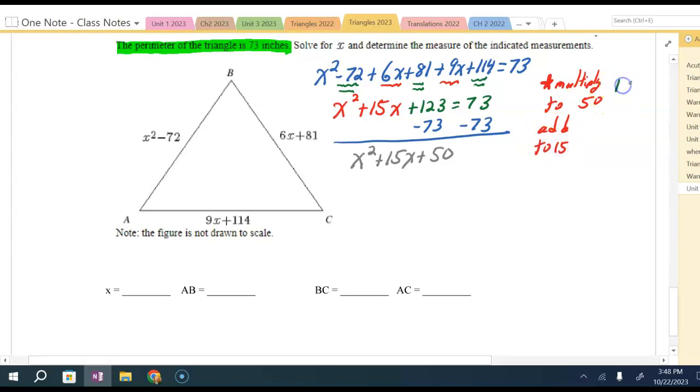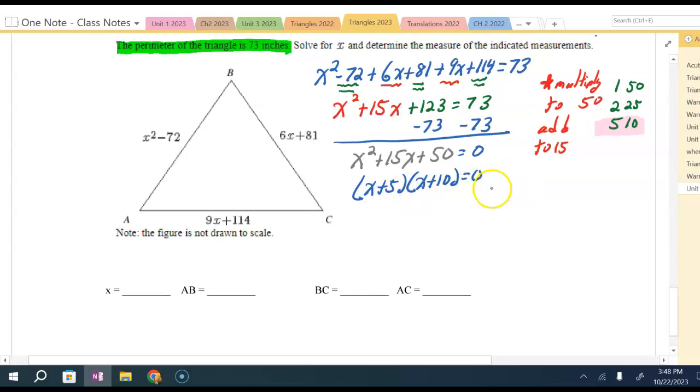So 1 and 50, it could be 2 and 25, it could be 5 and 10, and this is the pair that multiplies to 50 and adds to 15. So then this problem factors into x plus 5 times x plus 10.